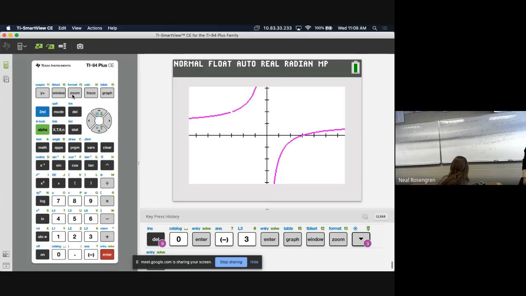Take a look at what I did. Factor everything. x plus 3, x minus 3 on top, and x times x plus 3 on the bottom. What could we do to give us a place to actually drop in -3 and get an answer back?